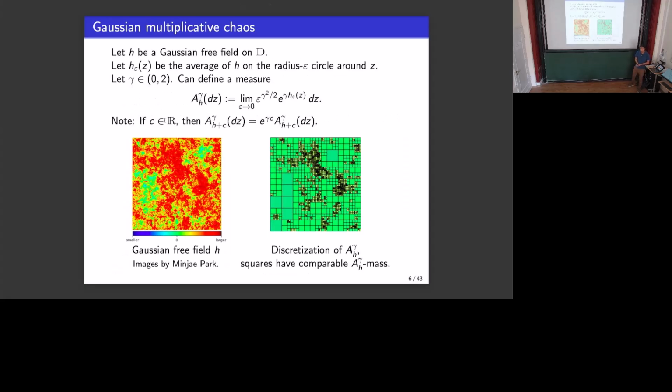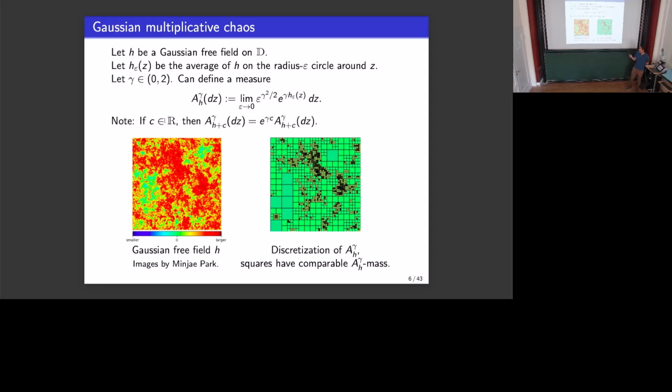The main observables that we care about for today's lectures are going to be these random area measures called Gaussian multiplicative chaos. It's just the exponential of the Gaussian free field with some coefficient gamma, which we take between 0 and 2. And you have to regularize the free field so that you can actually define this quantity. You have to renormalize so you get a non-trivial limit. And then you can define this random measure, as we discussed on Tuesday.